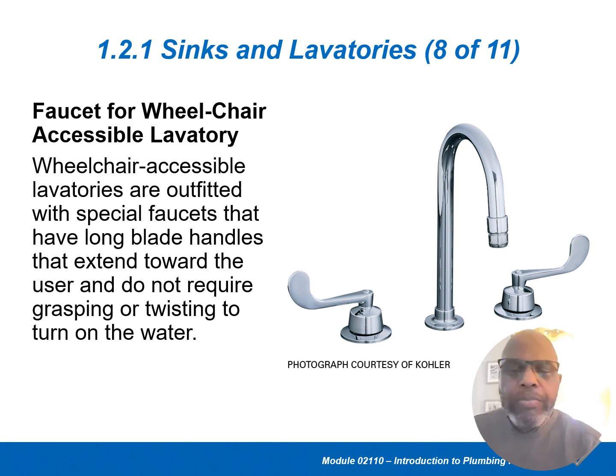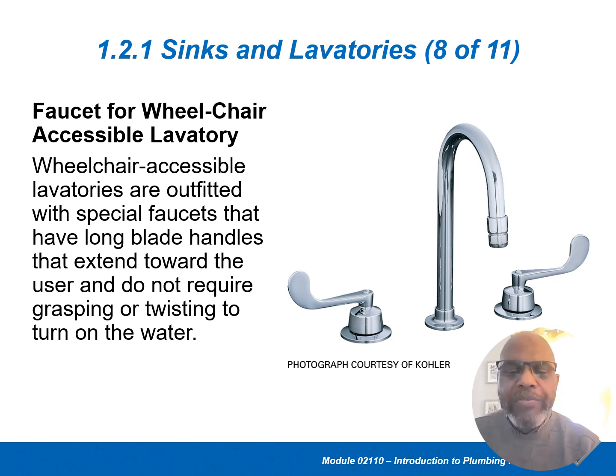This particular one is usually used for sinks, but they do make it for regular lavatories, where it has a gooseneck on it, where it sits up high enough that you can put your hands underneath. So this is a wheelchair accessible lavatory outfitted with a special faucet that has long blade handles, so it's easier to open and close because it's long.